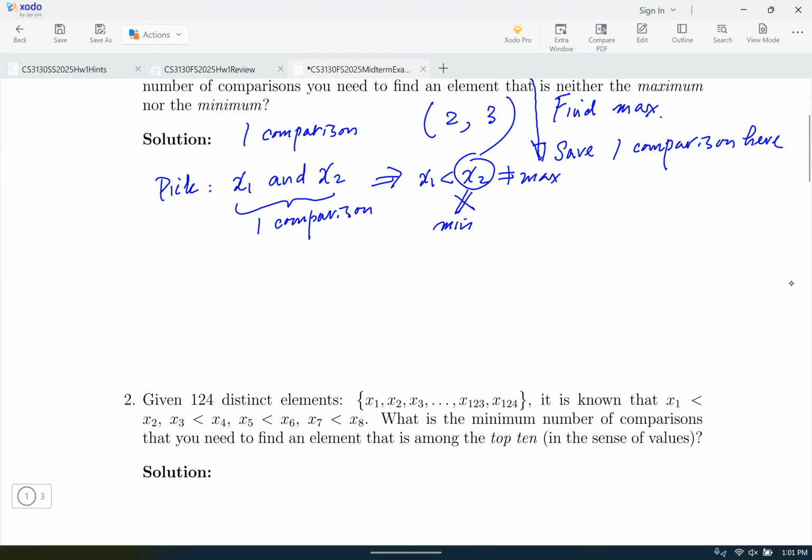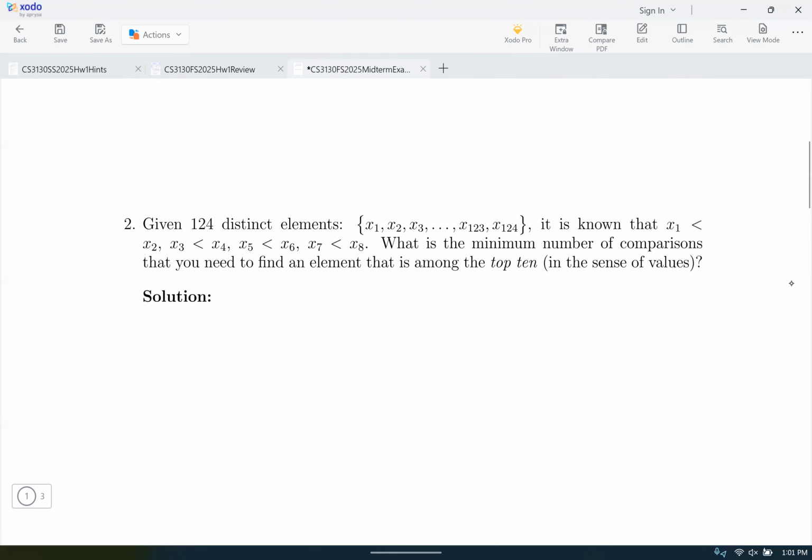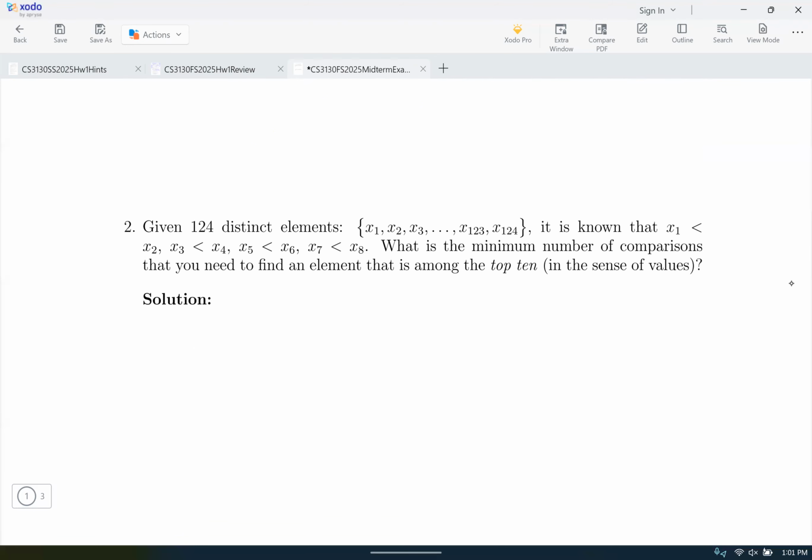Second one, the answer is 110 comparisons. Most students, at least 1/2, gave me 113.